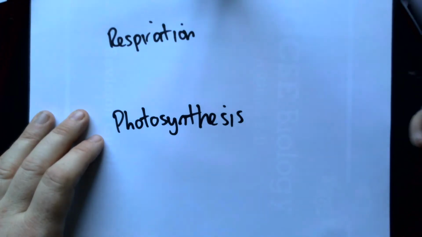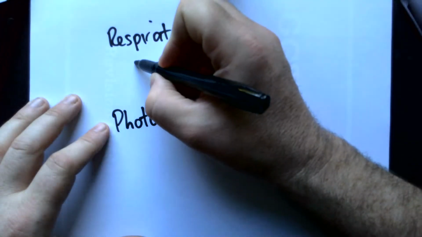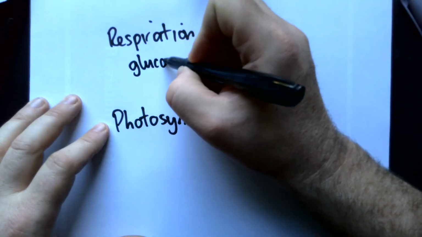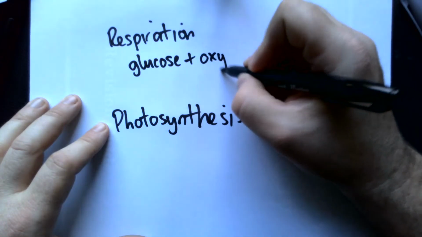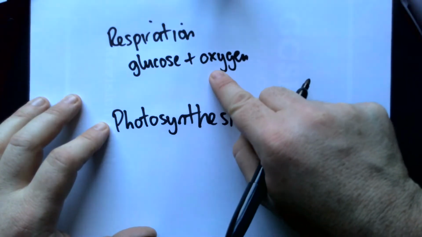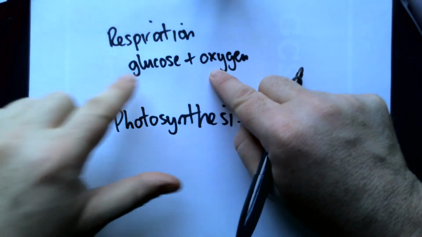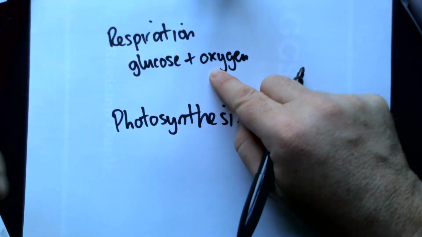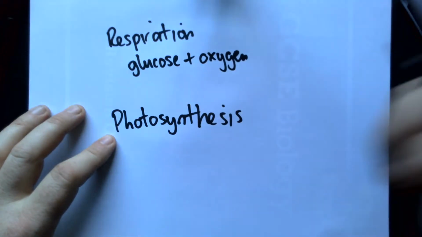In respiration, we've got two reactants and two products. We've got glucose plus oxygen, and we breathe in oxygen in the air into the lungs, into the blood. We get glucose by eating it, and we'll discuss that at some point. If people want to look at the digestive system, we can do.